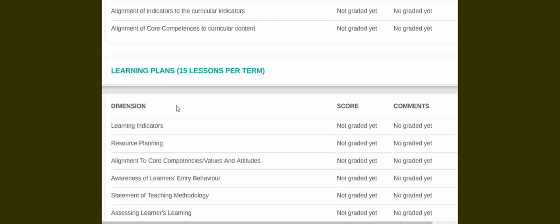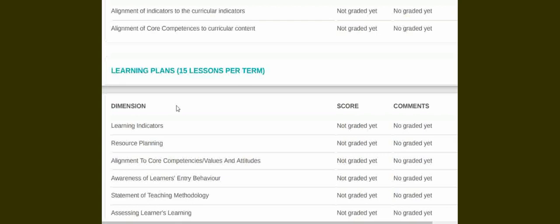Or the same, NTC still holds the view that 90% of work done is okay to them. So at least uploading 12, 13 or 14 lesson plans is good, it's okay, it's normal, worry not.